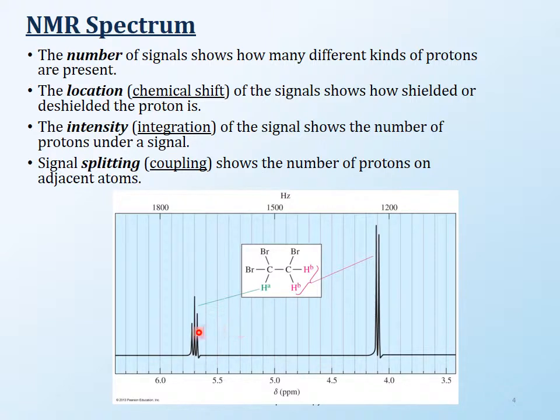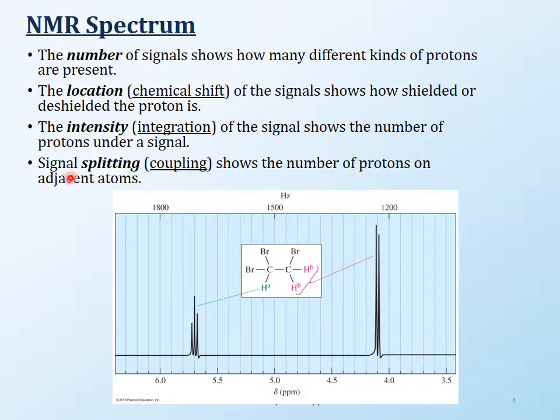In this case also they're not exactly to scale, but you can see that they're in a ratio of about 1:2. That tells you that whatever number of protons you have under this signal is half of what you have under this signal. It doesn't tell you that you have one proton. You have to determine that, but it tells you at least the ratio of the signals. So this is 1:2. That is called integration.